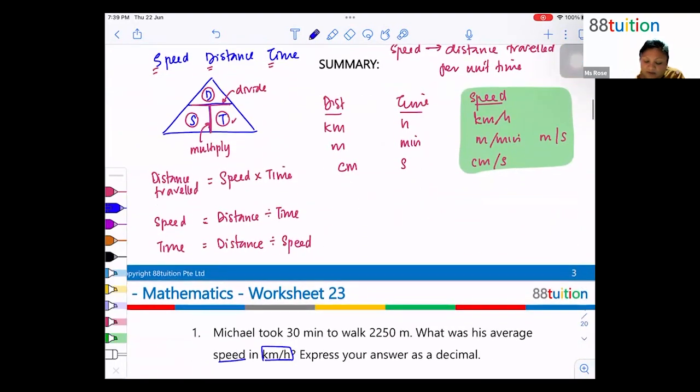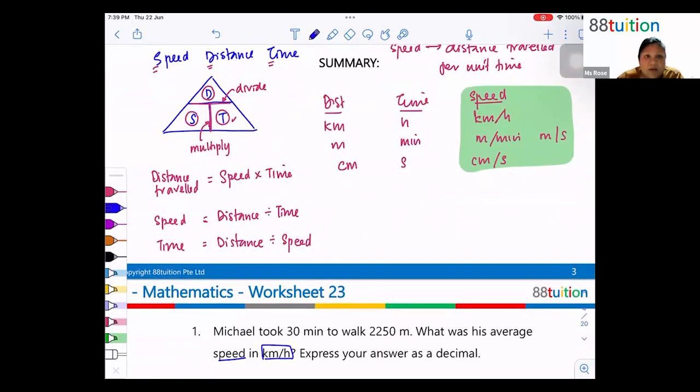Now, let me go back to this. Missed out one thing. When we talk about speed, we know that speed is distance traveled per unit time, measured as distance divided by time. Another one we can find is average speed.